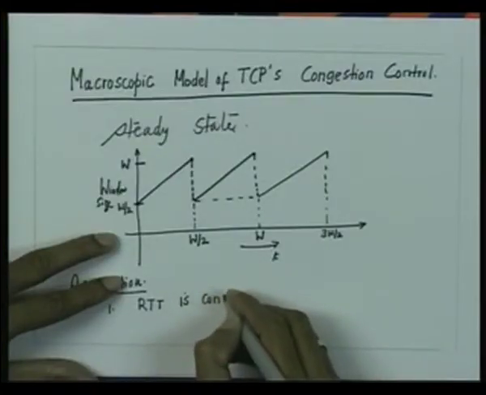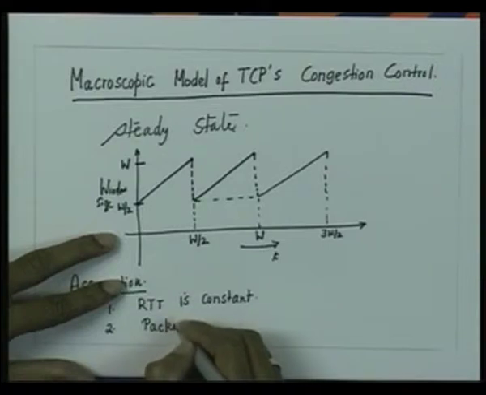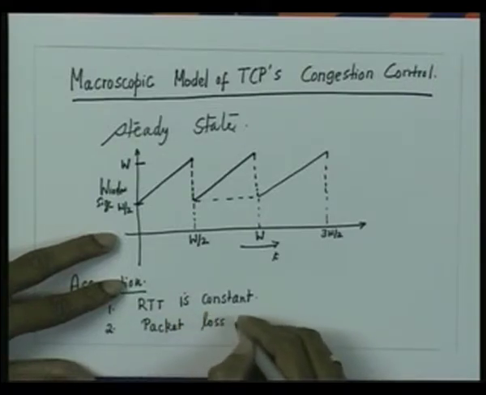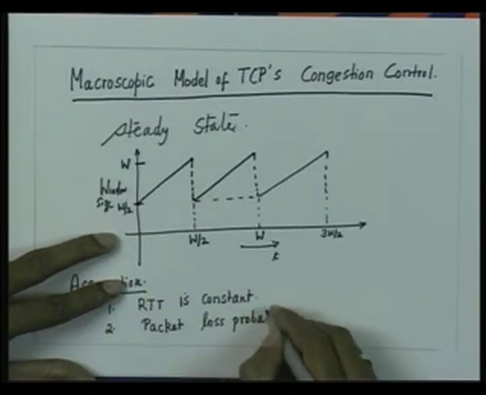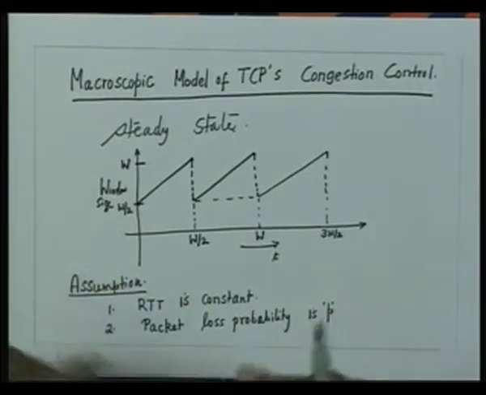The assumption here is that the RTT is constant, and the packet loss probability is also constant, it is P. When we say that the packet loss probability is constant, that means the link actually delivers approximately 1 by P consecutive packets successfully.